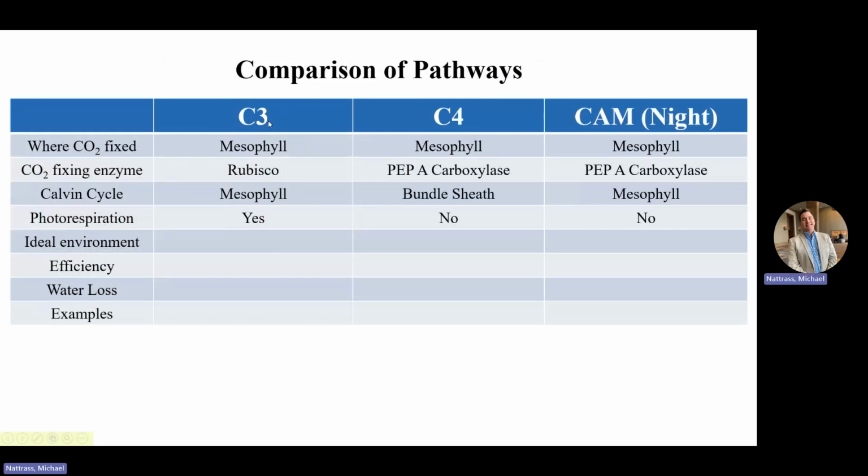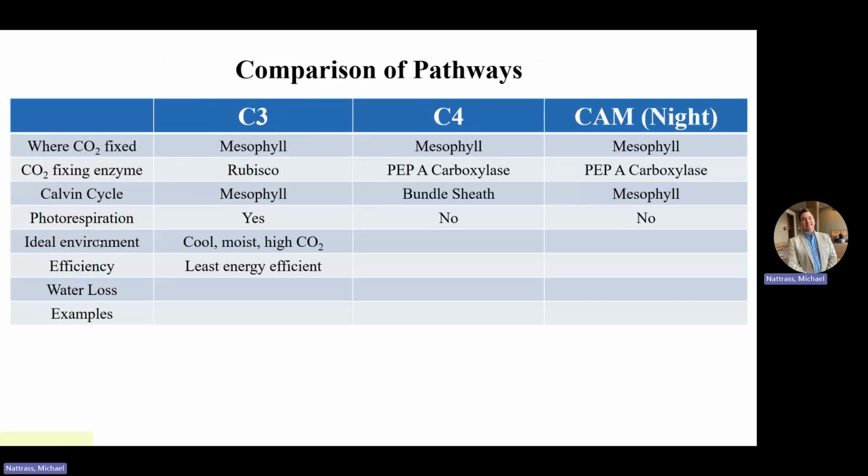High carbon dioxide environments, because while that stoma is open, it can actually take in more carbon dioxide. So cool, moist, and high carbon dioxide environments are going to be most ideal for C3 plants.